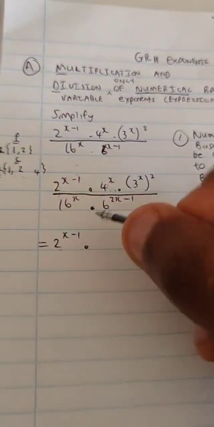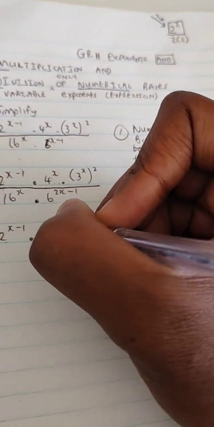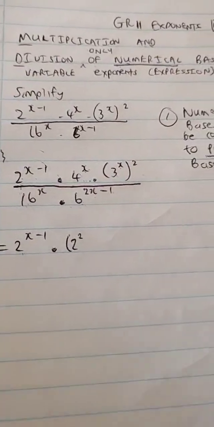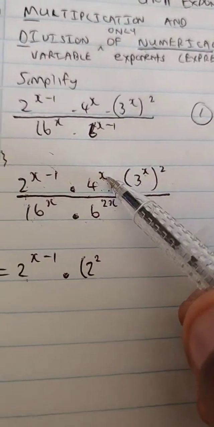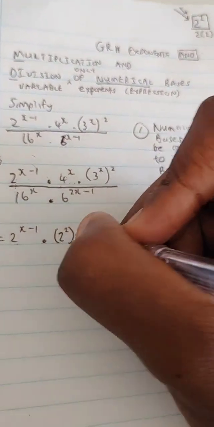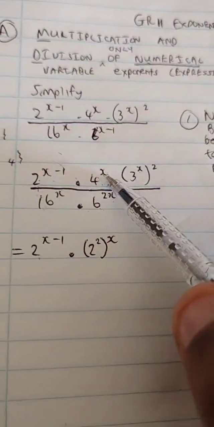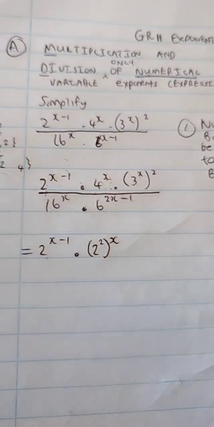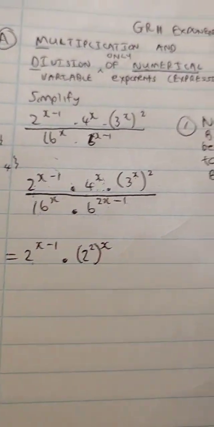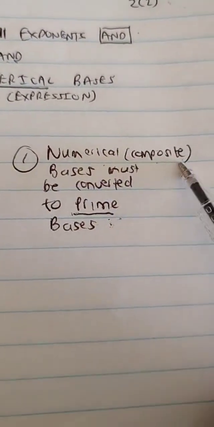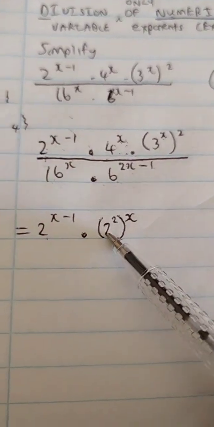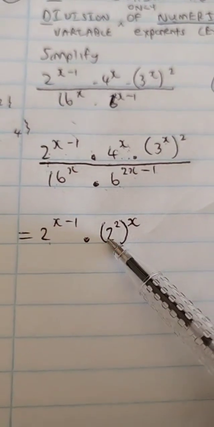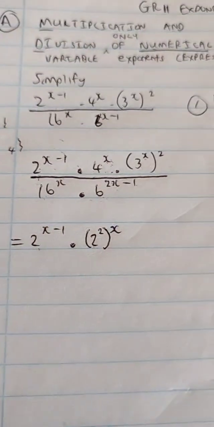So what we are going to do in brackets, we are going to write 2 squared. Then remember, outside we have the exponent x. So what we do is we close the bracket, we place the exponent x that was there initially. This is how we are able to convert a composite base, which is 4, to a prime base, which is 2 squared.